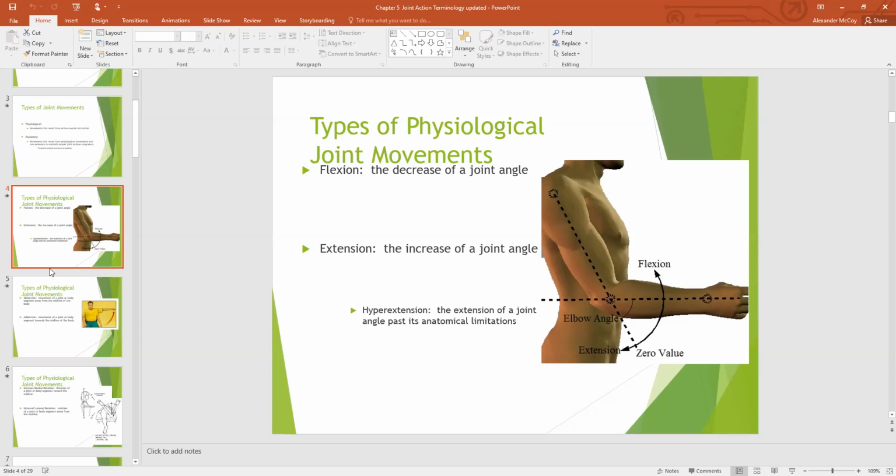I know it's semantics, but I always like to point that out. Extension means that you're increasing the joint angle, and hyperextension means that you go past what would be perceived as anatomical limitations. A great example of this is some of us can hyperextend our elbows to where you go beyond 180 degrees. You can see that here in this picture that I put.